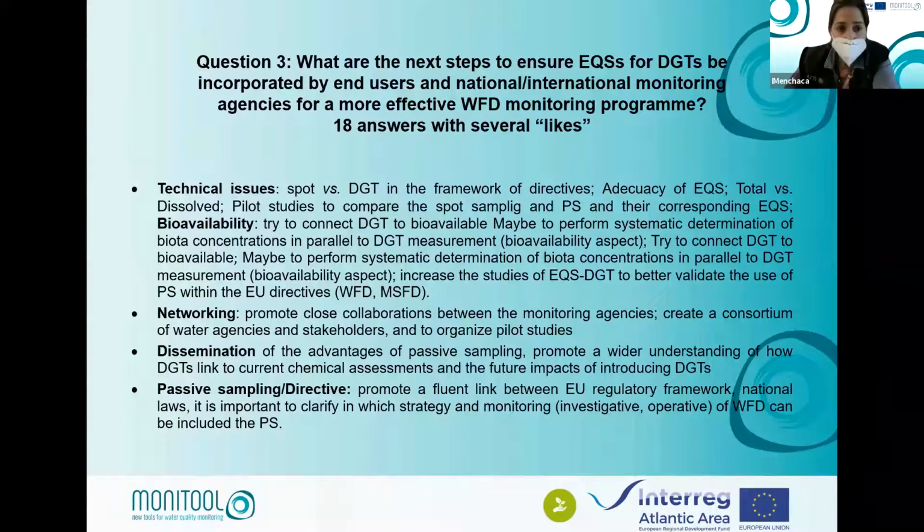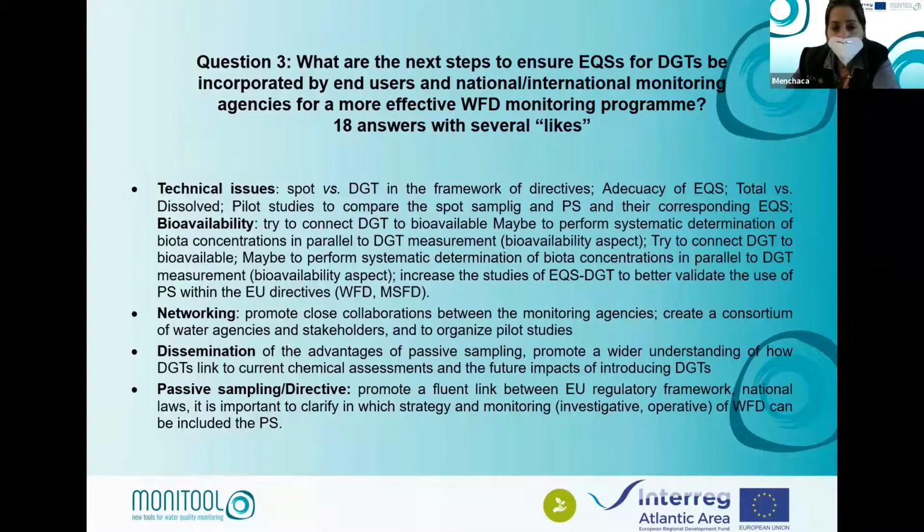We also received answers in relation to the bioavailability because, in these answers, we include the connection of the DGT to the bioavailability and trying to connect these DGT results to the bioavailable metal concentration.